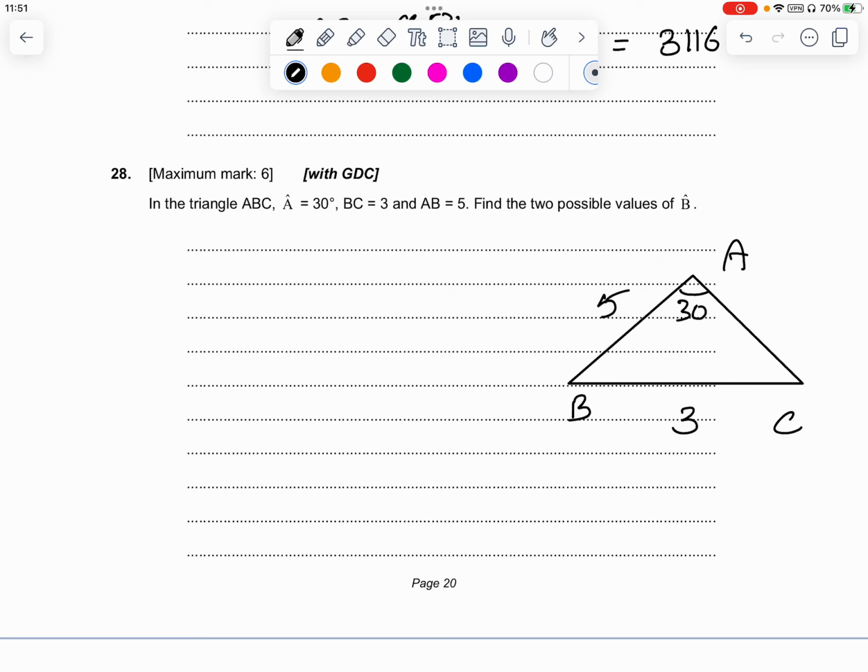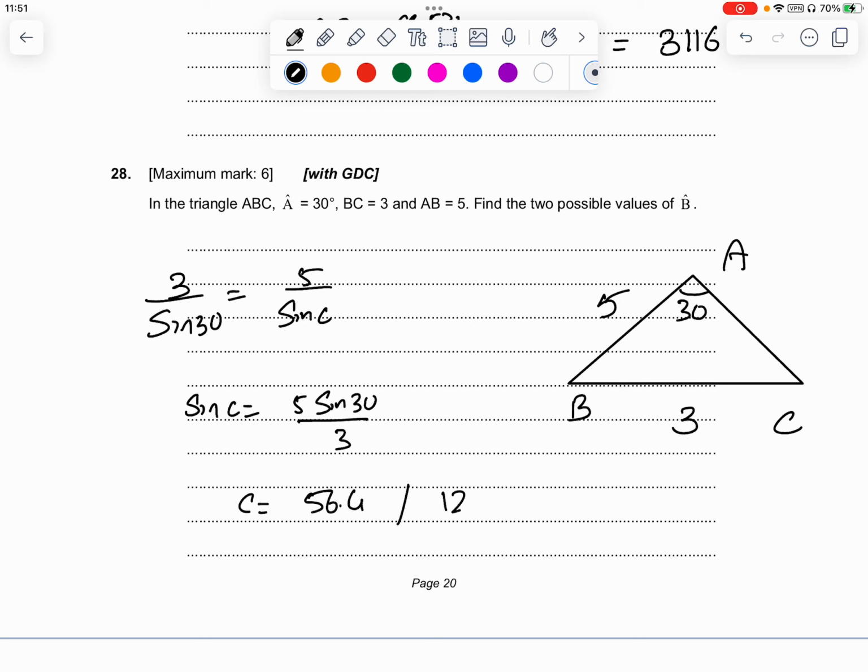So I use sine rule. 3 upon sine 30 equals 5 upon sine C. So from there, sine C equals 5 times sine 30 divided by 3, which gives me C value as 56.4 or 123.6. So B value will be 93.6 or 26.4.